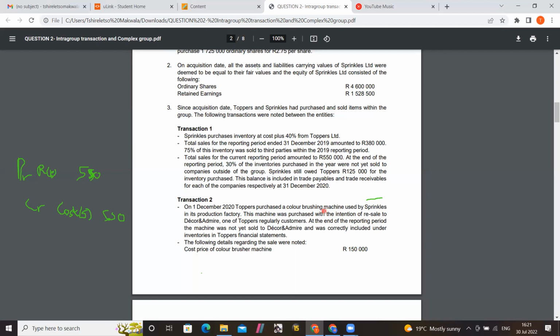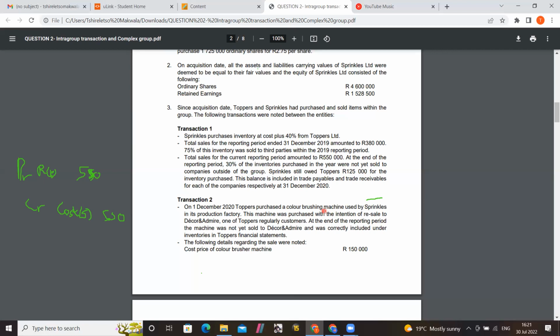Now let's calculate the unrealized profit here. The first thing, what did we say? The unrealized profit is contained in the closing stock of the inventory. The closing stock here, they tell us, is 25%. So 380,000 multiplied by 25% gives us 95,000.